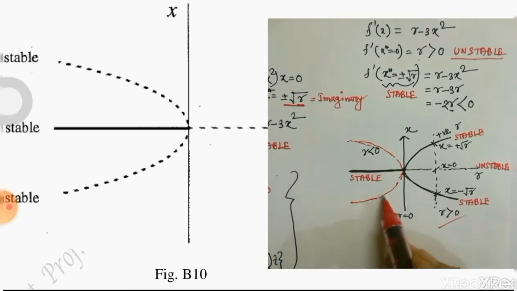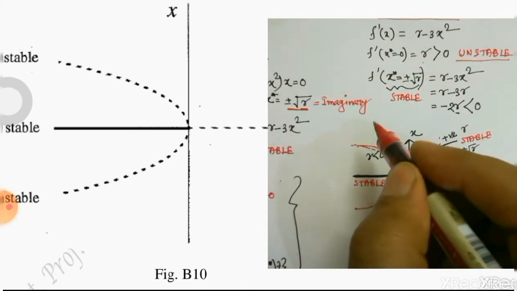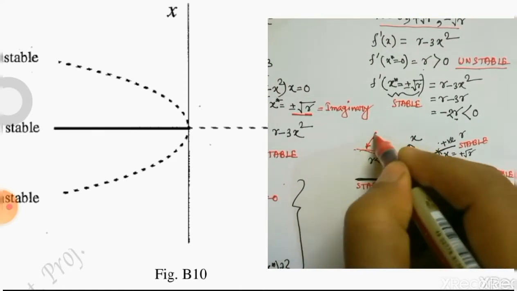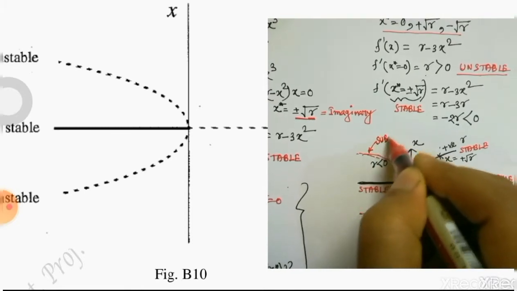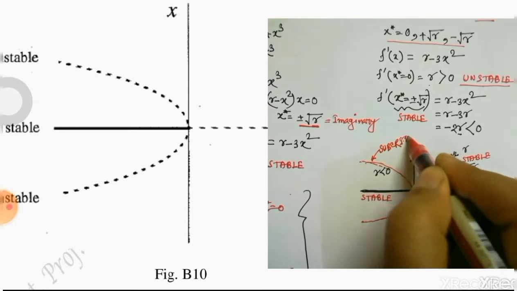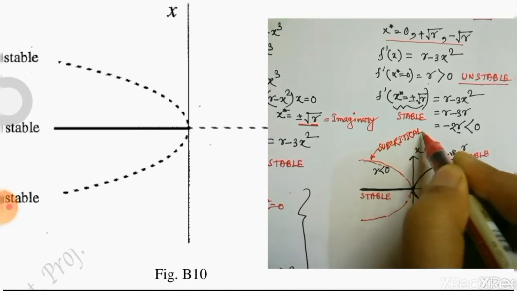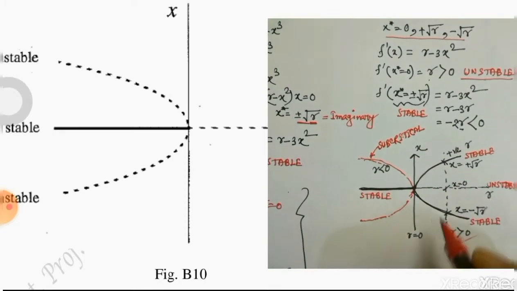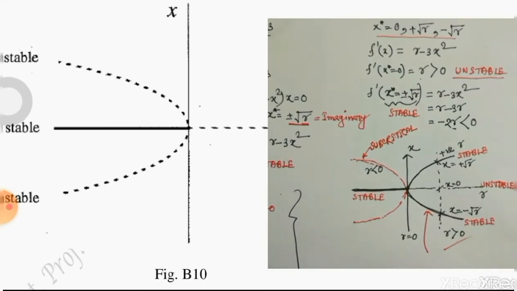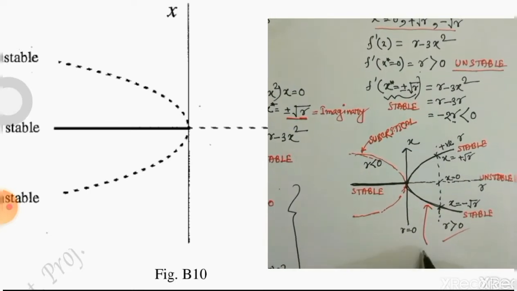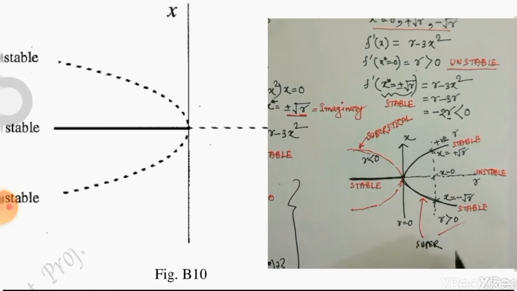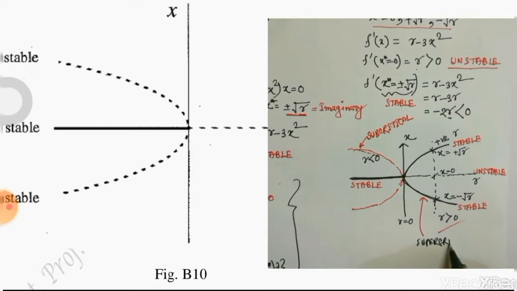The red marked lines are for the subcritical pitchfork bifurcation, and the black marked lines are for supercritical pitchfork bifurcation.